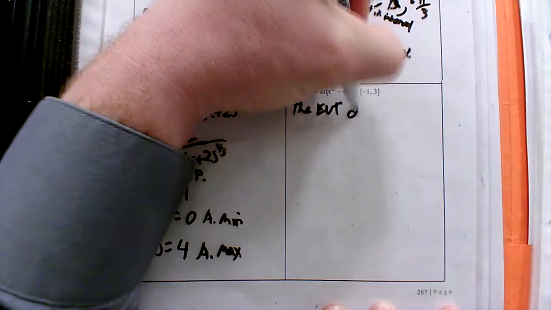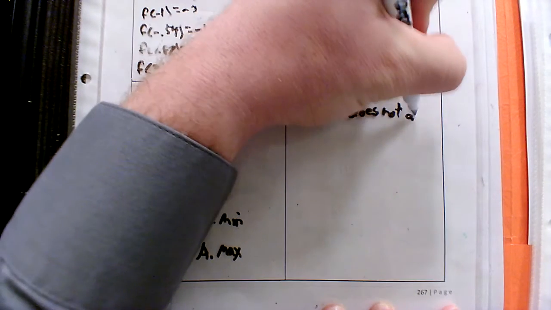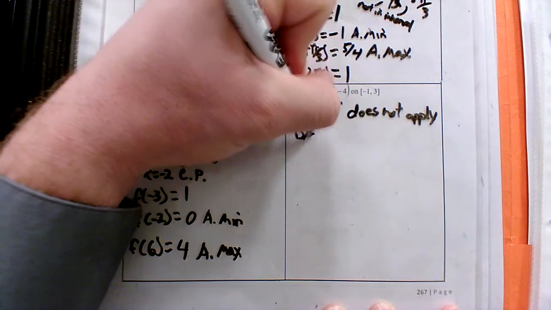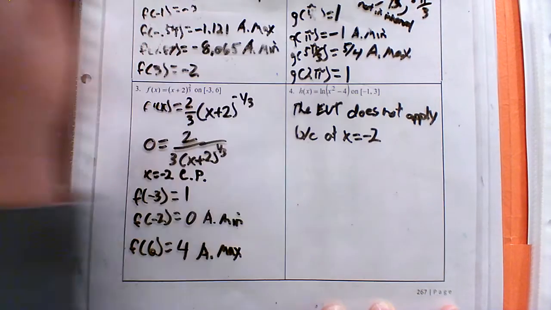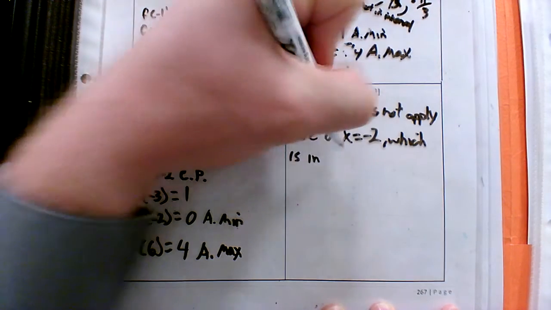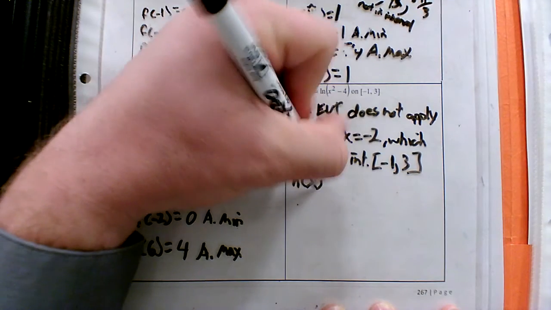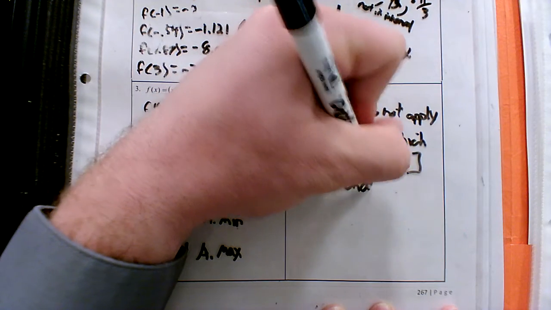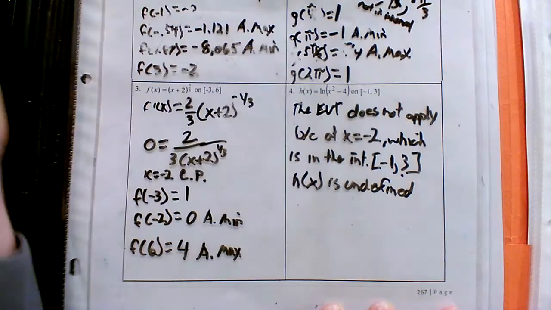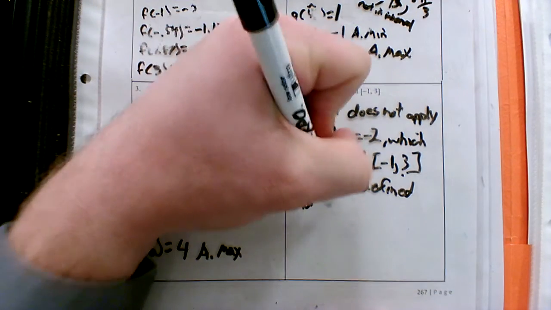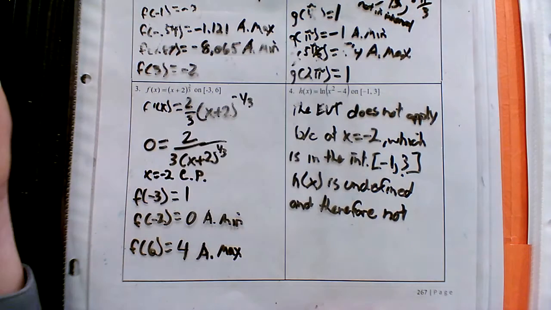So, the EVT does not apply because at x equal to -2, which is in the interval -3 to 2, h of x is undefined, and therefore it's not what?